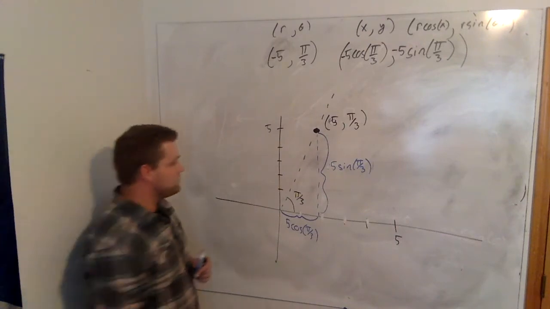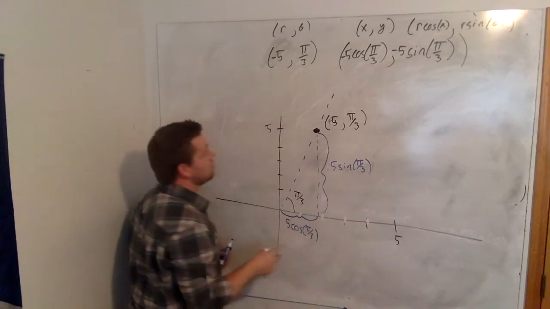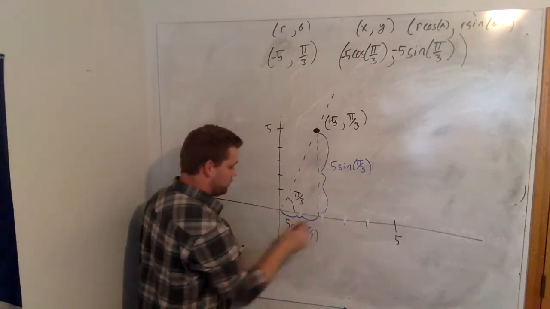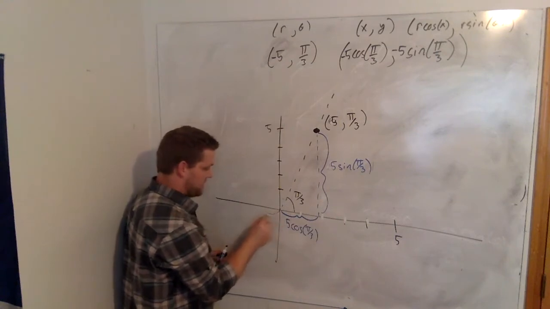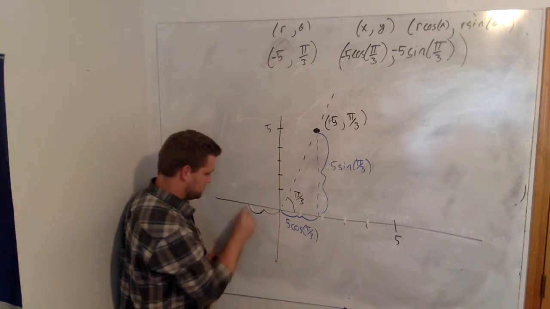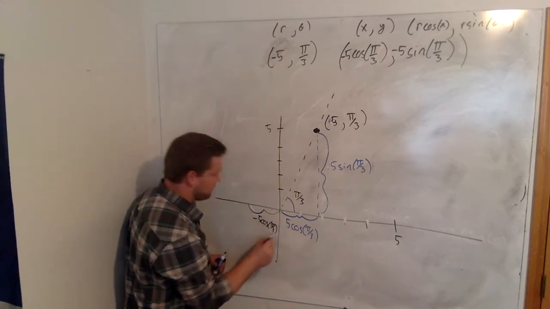Okay, so that just means that if I'm plotting the x and y coordinates, the x coordinate would now actually be negative. So it wouldn't be 5 cosine of pi over 3. It's actually going to be negative 5 times the cosine of pi over 3.